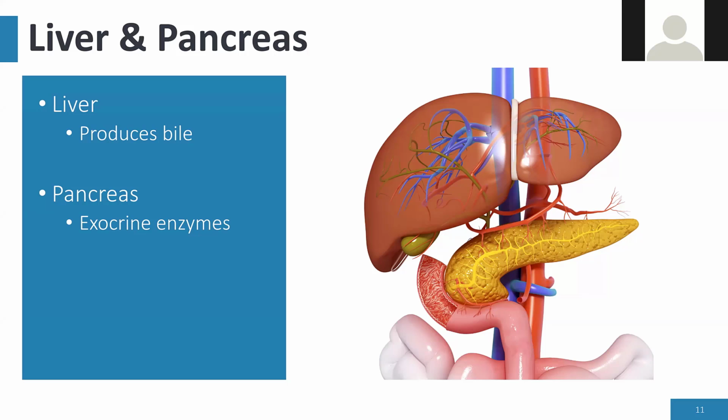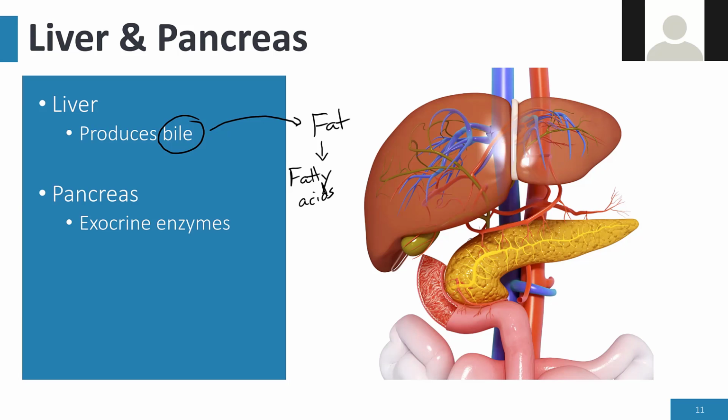The liver produces bile. It's one of the big functions of the liver, that it produces bile, and bile helps to break down fat. So it breaks down big fat molecules into smaller little fatty acids.